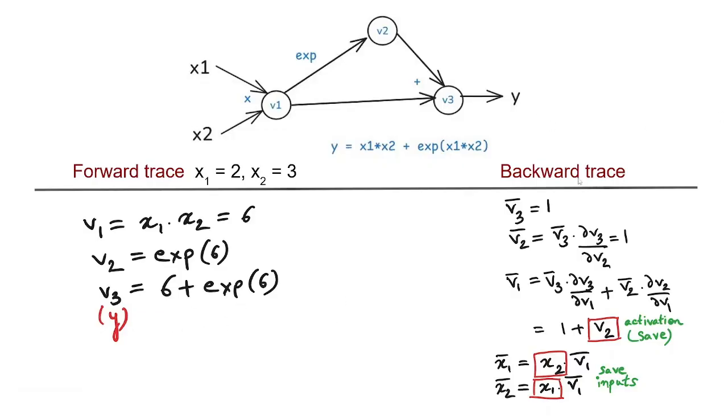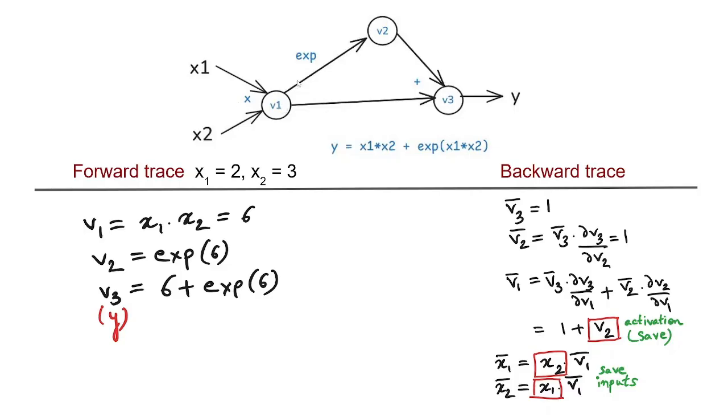For the backward pass, we start from v3. The adjoint of v3 is 1 because it's a dummy variable. We obtain it by multiplying v3 by 1. The adjoint of v2 is the adjoint of v3 multiplied by the local derivative. And because v3 is the sum of these two quantities, we end up with 1.